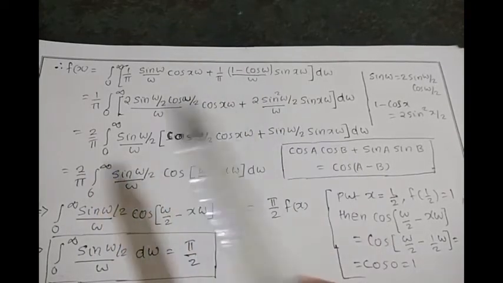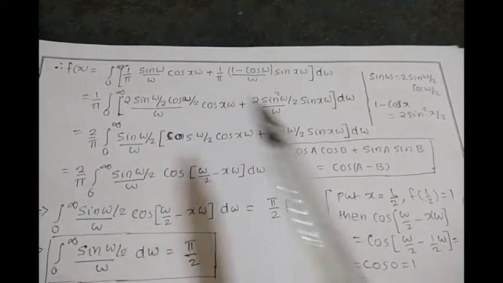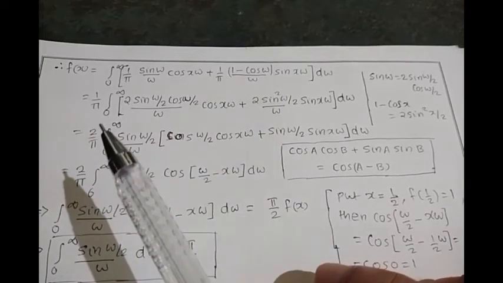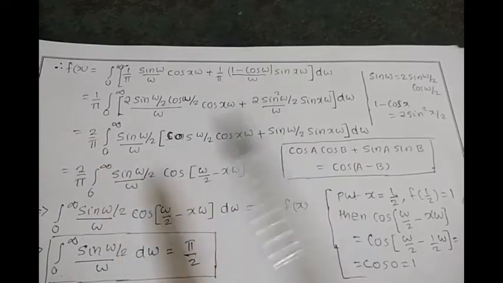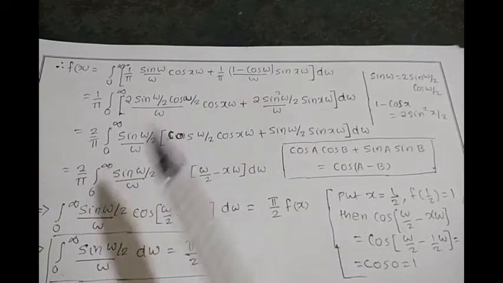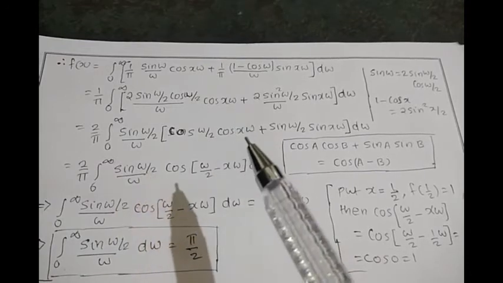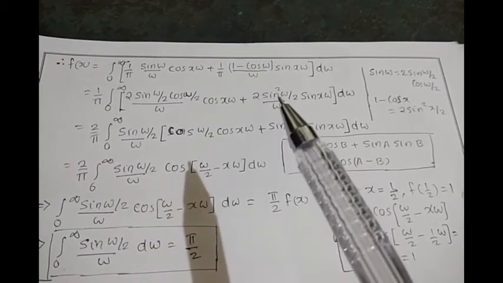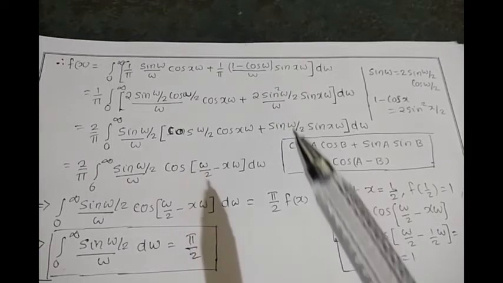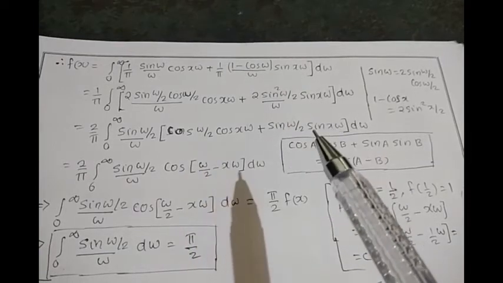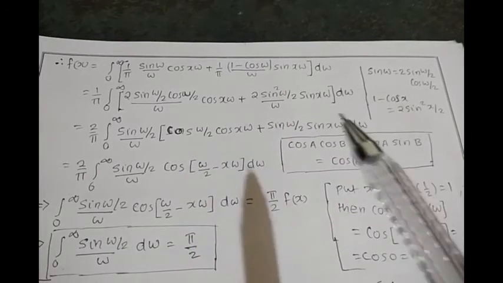Here 2 is a common factor, so taking 2 outside, and sin omega by 2 by omega is also a common factor. The remaining terms are cos omega by 2 cos x omega, and with one sine taken out, the remaining sin omega by 2 sin x omega, d omega.